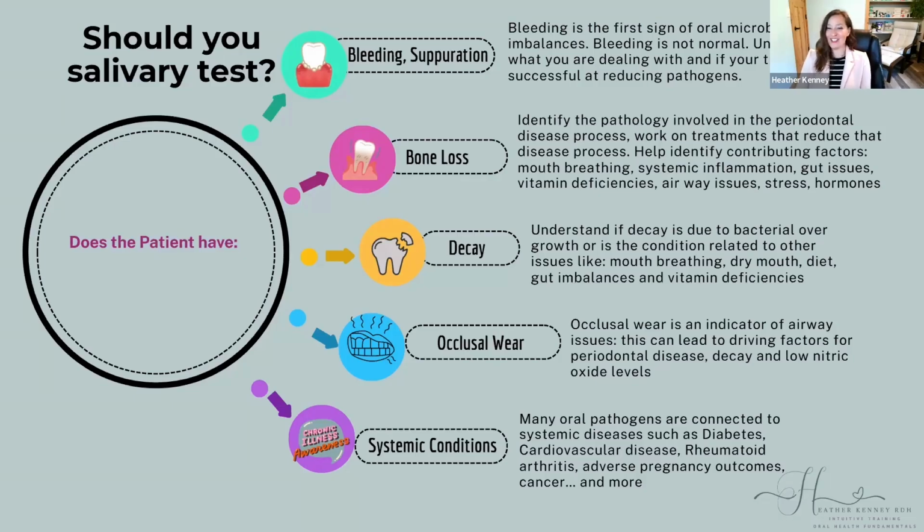And then systemic conditions. I work with functional medicine doctors on a daily basis. I'm actually paired with one now, and I do all of her oral health coaching for her clients. There are over 3,500 studies that tie the oral systemic connection. So if you have health histories that are questionable, start thinking about testing, because maybe they're not prone to periodontal disease because they don't have the autoimmune component that causes that bone loss.